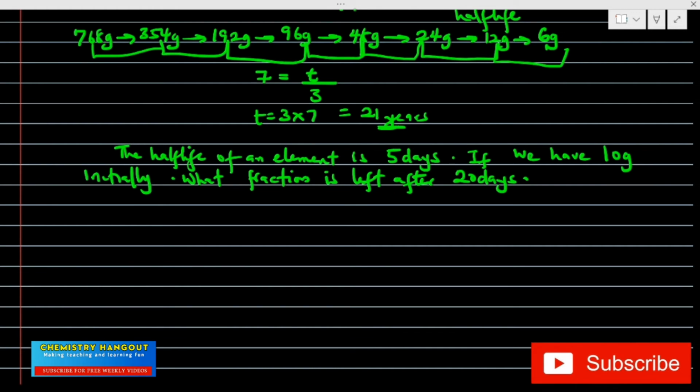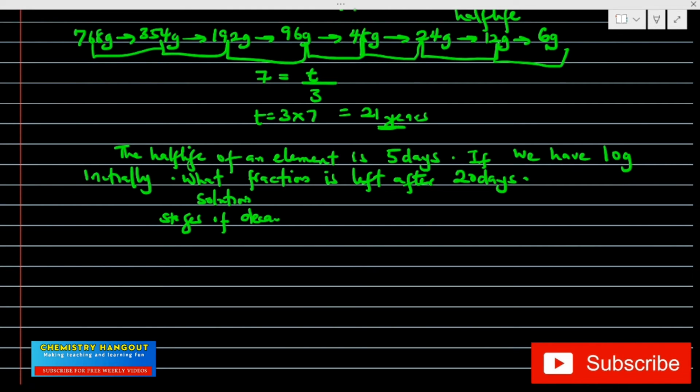So how do we solve this? Now they said, what fraction is left after 20 days? Let us know the stages of decay. You can see I'm emphasizing that formula. Very powerful.